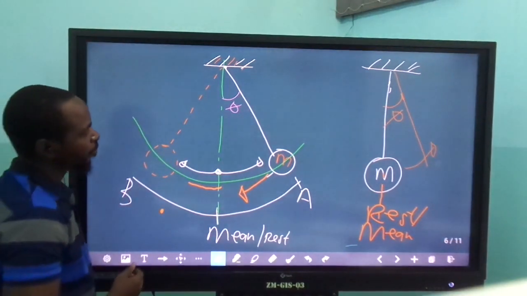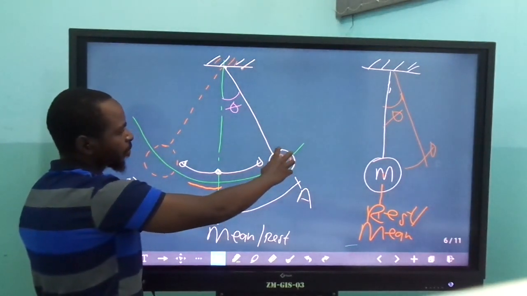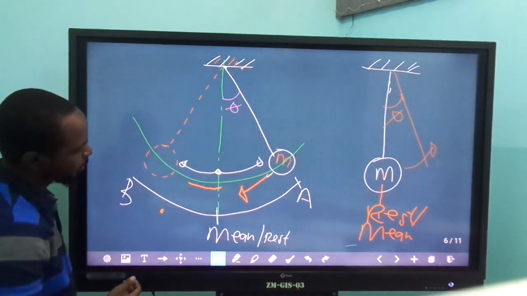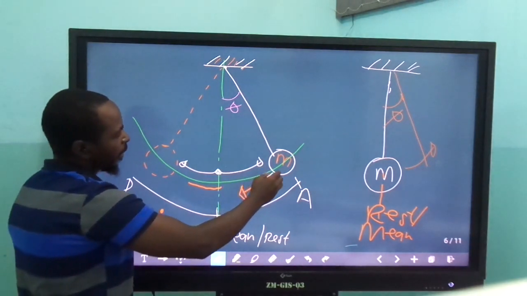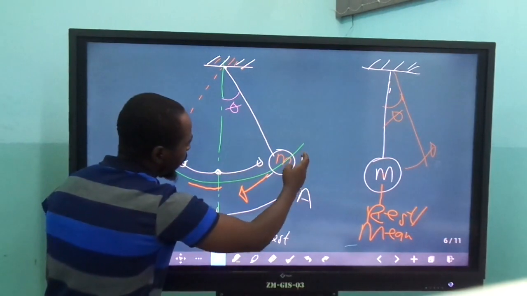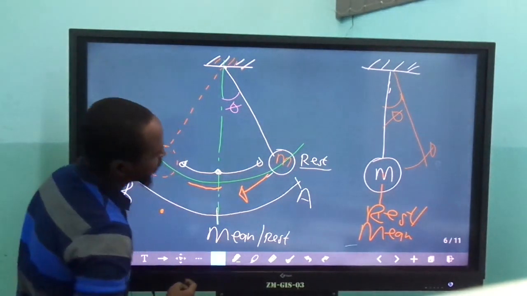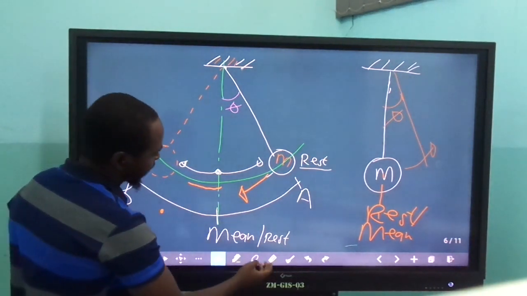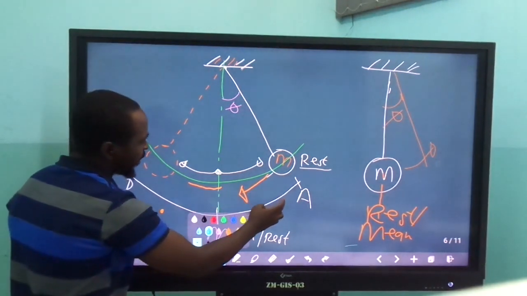So now, when we displace it to this point and let it go, it is coming from rest, and it will start accelerating.